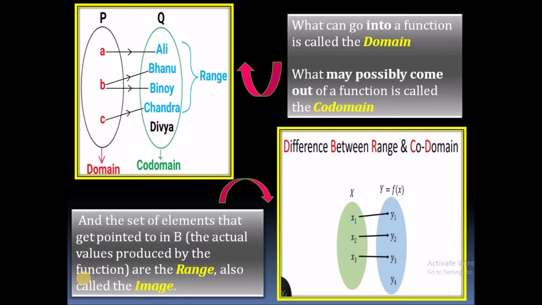These elements come under range, but Ali, Bhanu, Binoy, Chandra and Divya come under the set of codomain. So this is the difference between range and codomain. Or we can say all those elements which relate with the set of elements of P, those elements come under range.